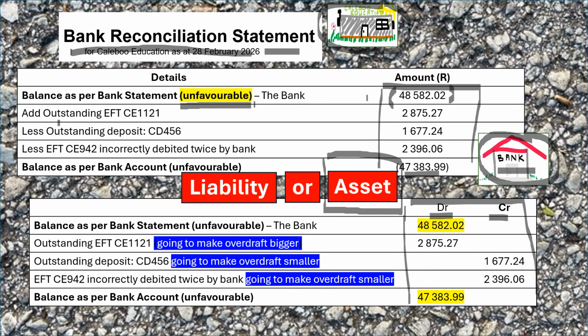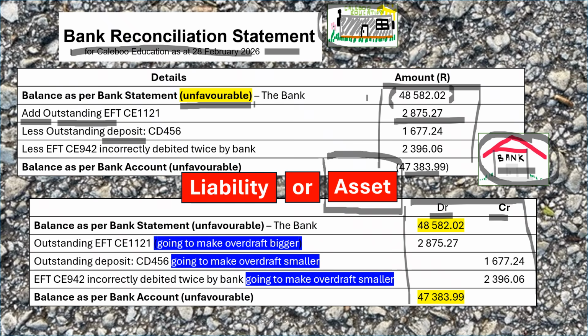So when there's an outstanding EFT that we have in our cash book payments or our cash payments journal, but it's not yet on the bank statement, it gets added because it's going to make our overdraft bigger. Then there's going to be outstanding deposits.